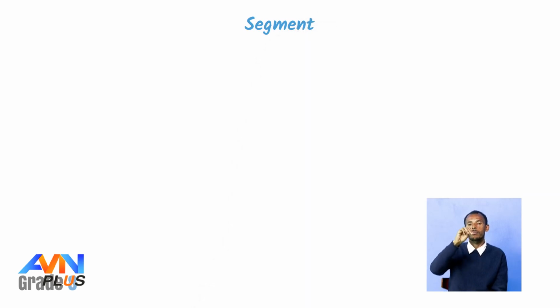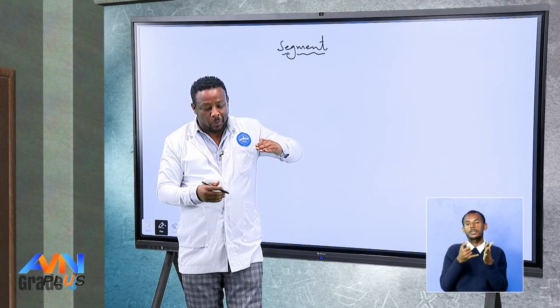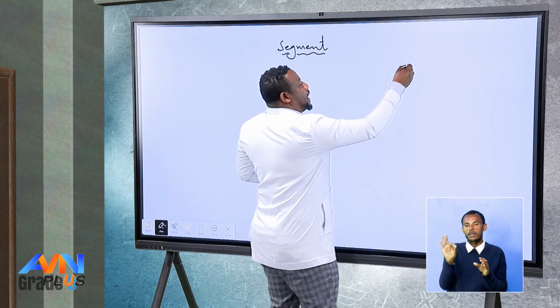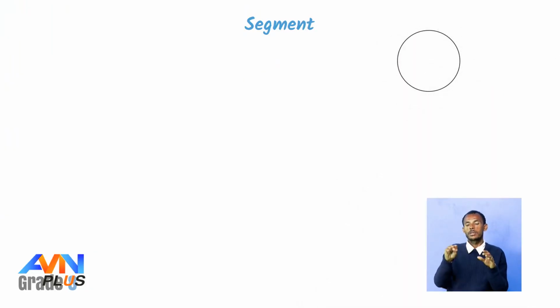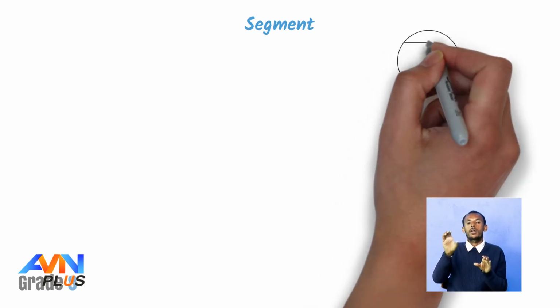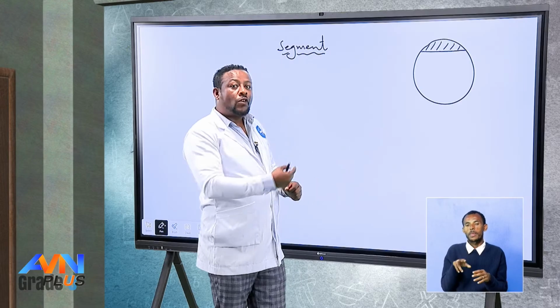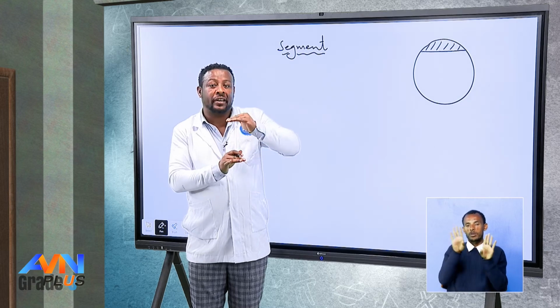Now, a segment of a circle is a region enclosed by a chord and an arc. Okay, look, a segment is a region enclosed by a chord and an arc. In our former terminology, we have seen a sector which is enclosed by two radii and an arc.